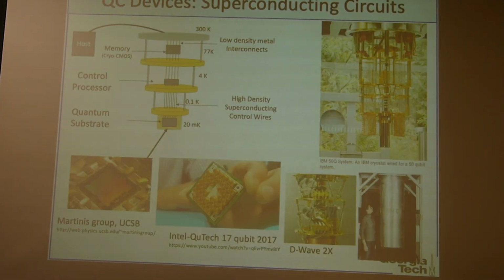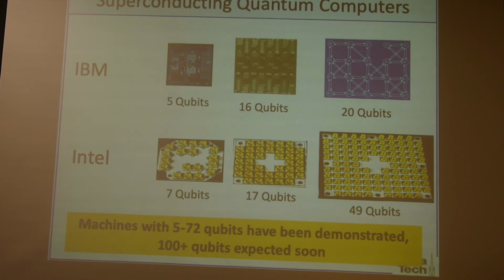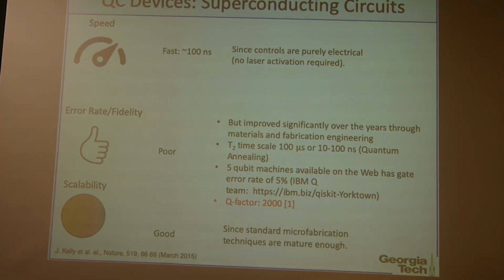So just to give you an example of how good the metrics are. In superconducting qubits, they're pretty fast, in the order of 100 nanoseconds. 100 nanoseconds is not really fast when you consider the chip that you have in the iPhone, because there the transistors work at picoseconds.